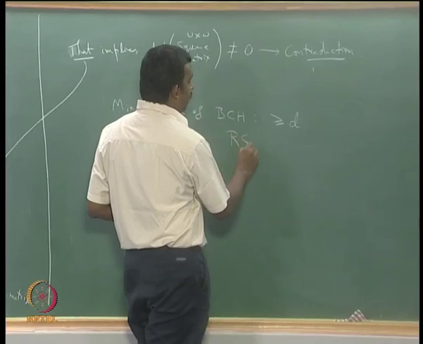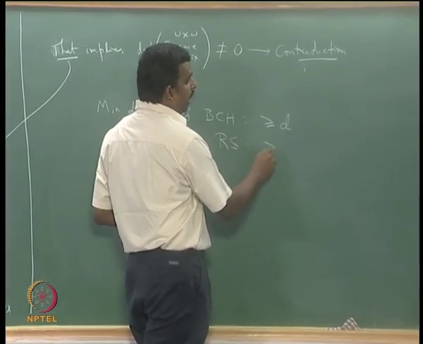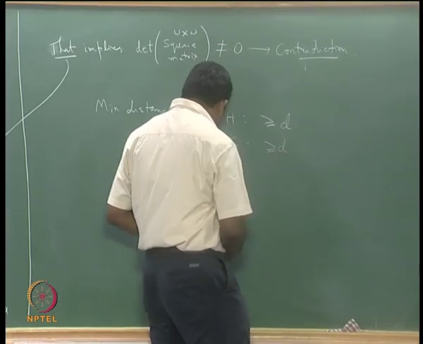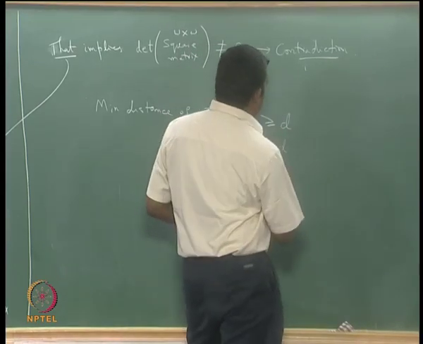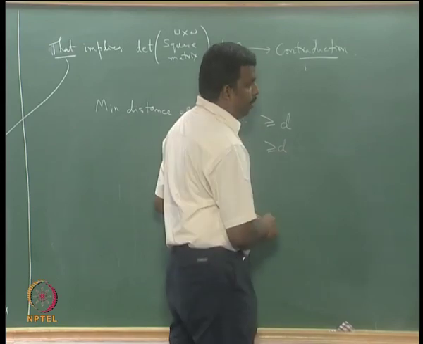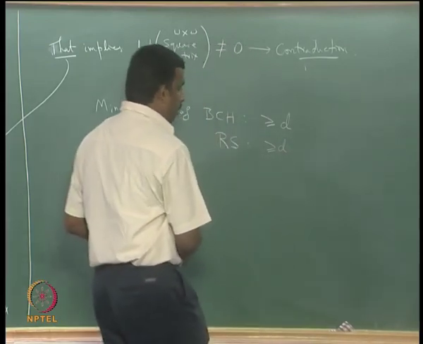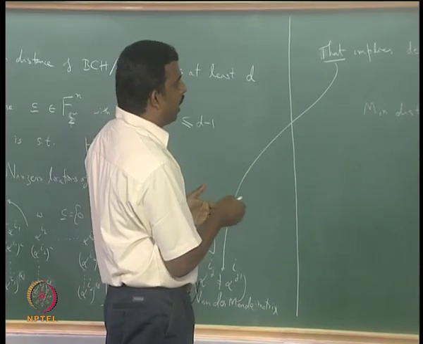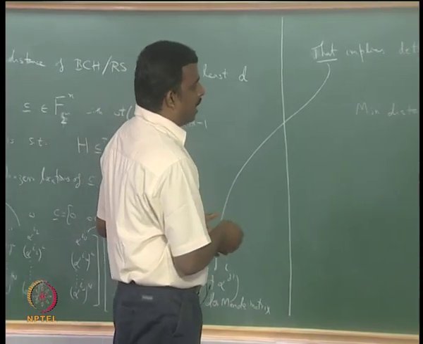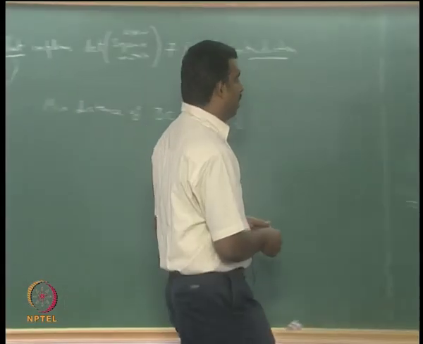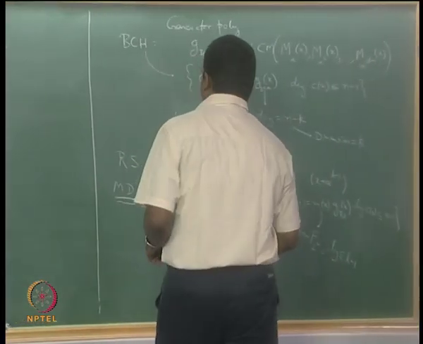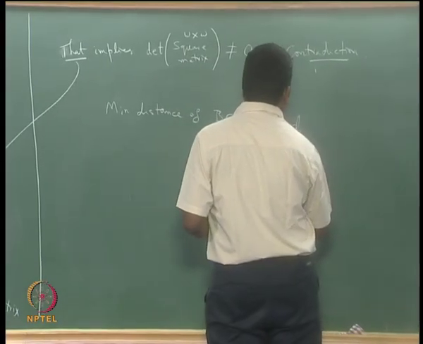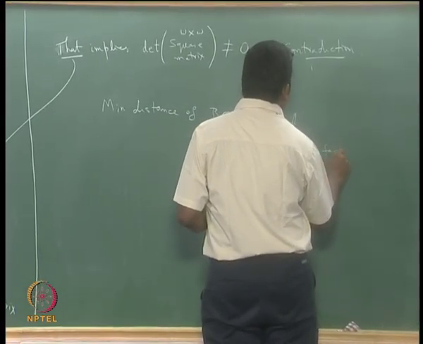For RS, again it is greater than or equal to d, but then what happens because of this? Okay, so what did we show? We also showed that d has to be, by the Singleton bound, not greater than n minus k plus 1. So you have here two different things which tell you that for the RS case it has to be in fact equal to d.